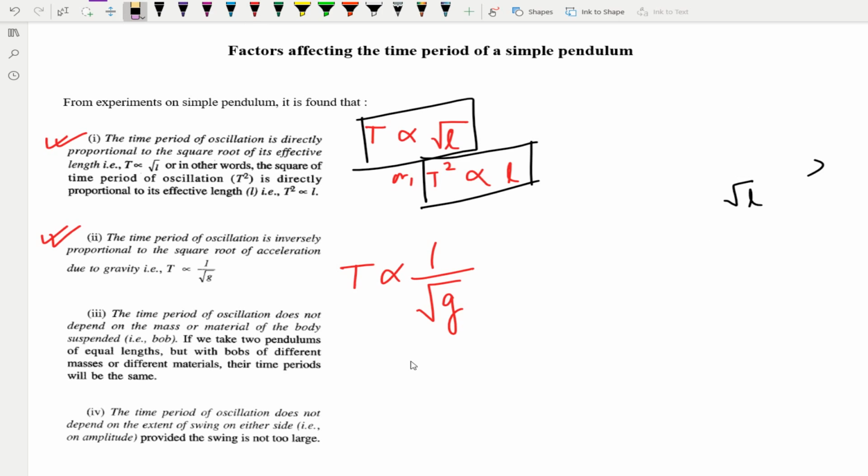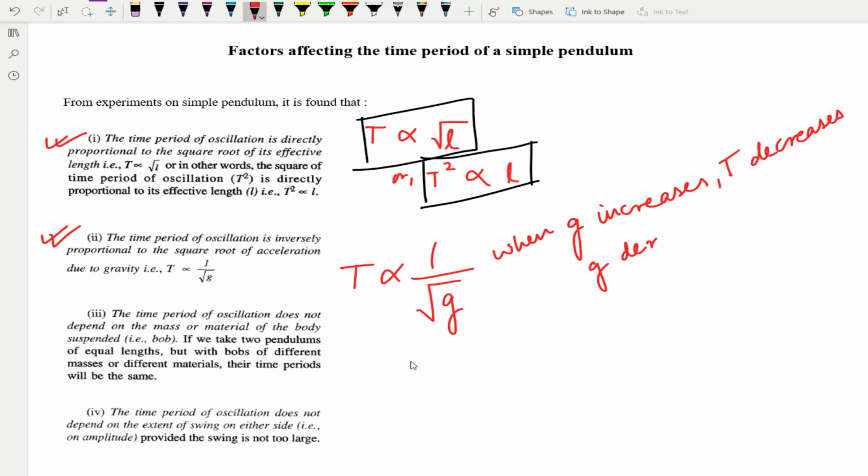Now what this means is, the more the acceleration due to gravity, or we can say, when g increases, T decreases. This is what we mean by inversely proportional. And when g decreases, T increases. Okay, so this is what we mean by inversely proportional.